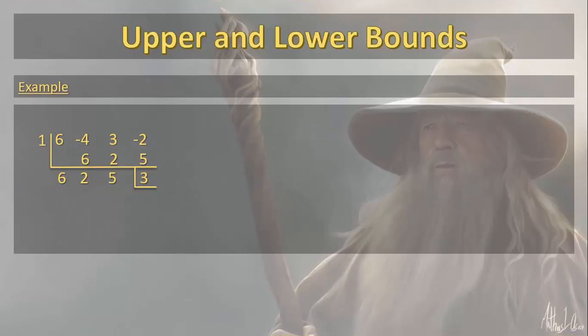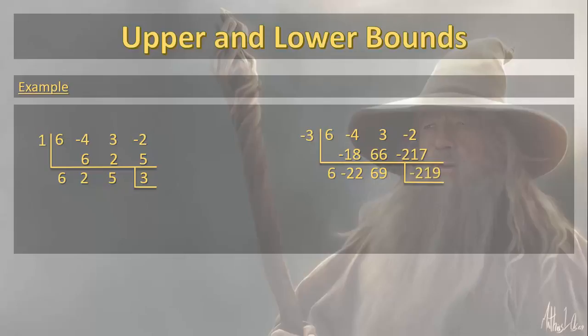All right, now let's try it for negatives. It's the same exact function, and this is going to demonstrate that -3 is a lower limit. All right, well, we have positive, negative, okay? They all switch signs. They alternate.